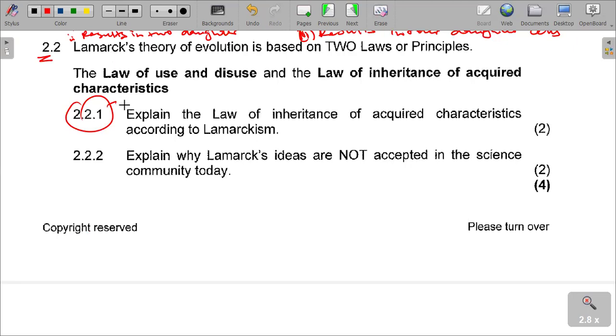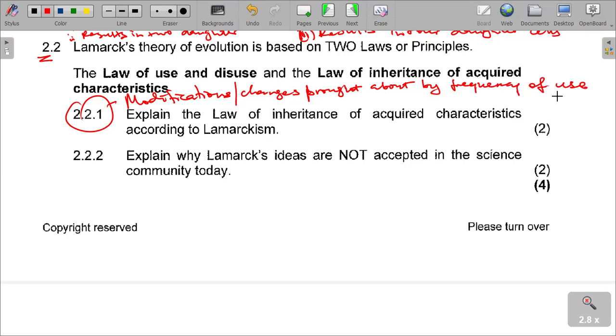It identifies modifications or changes brought about by frequency of use or disuse, which are transmitted to offsprings.